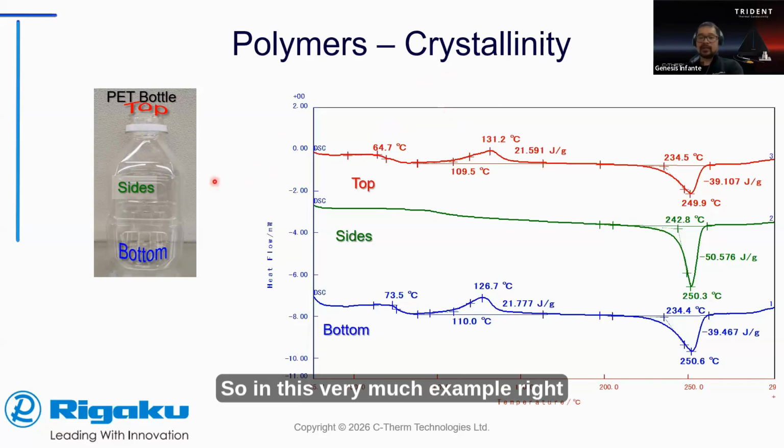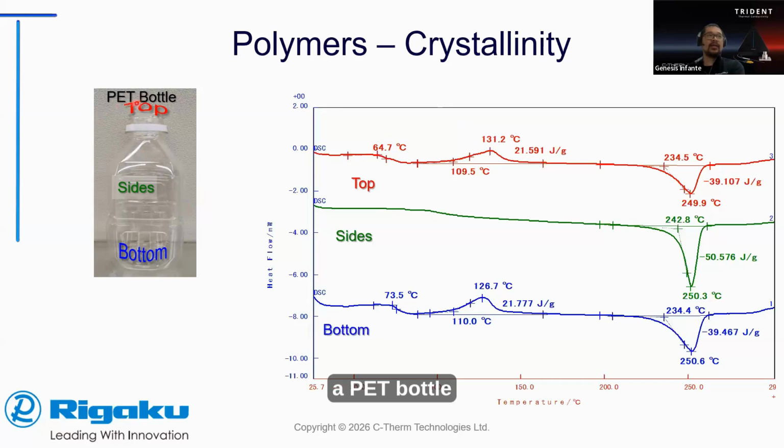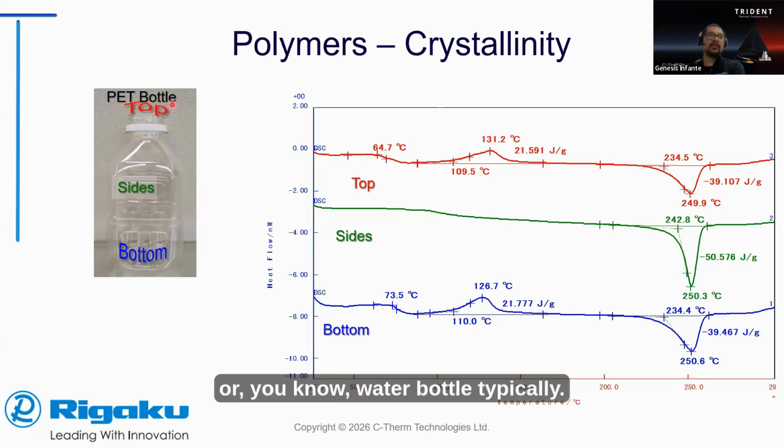In this example right here, you have a PET bottle, or water bottle, typically, and you would think that because they're from the same semi-crystalline polymer, in this case PET, they should have similar DSC behavior, right? Turns out that's not the case.